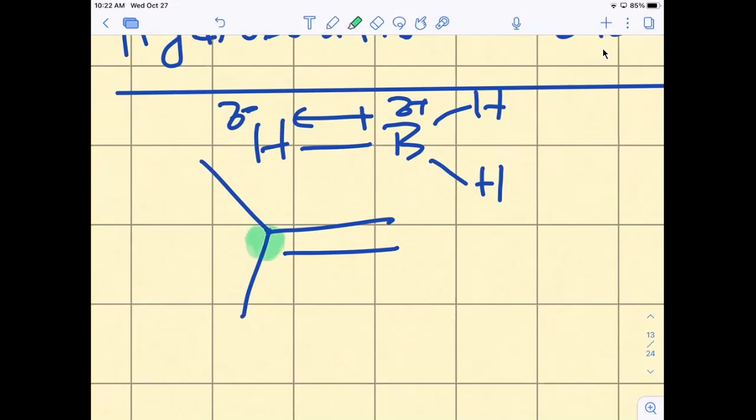If you look at this carbon, what type of carbon would that be if I broke the double bond? Tertiary, secondary, primary? Tertiary. What about over here? It's primary, isn't it? Yes. Right. So which one do you think would be more likely to have a plus charge on it?